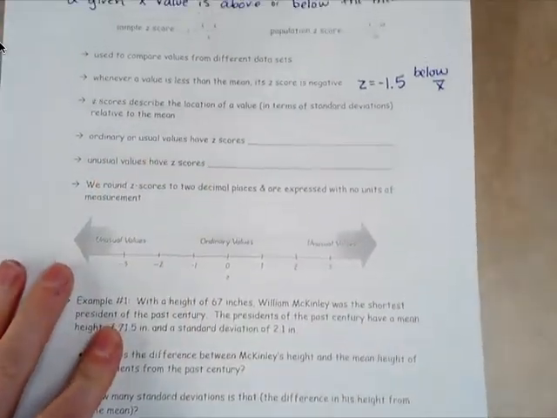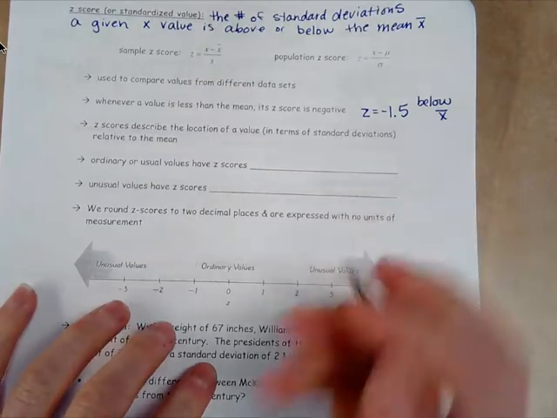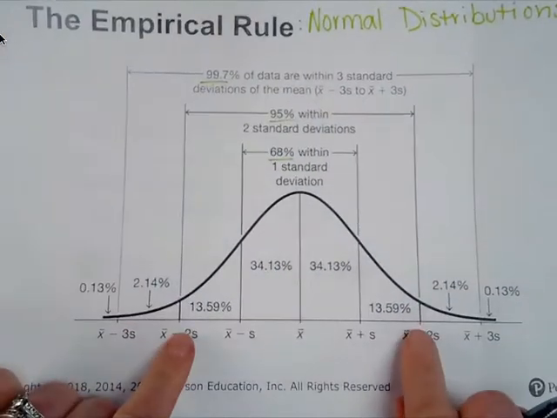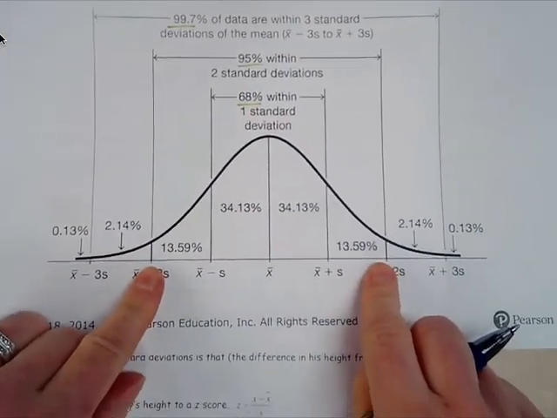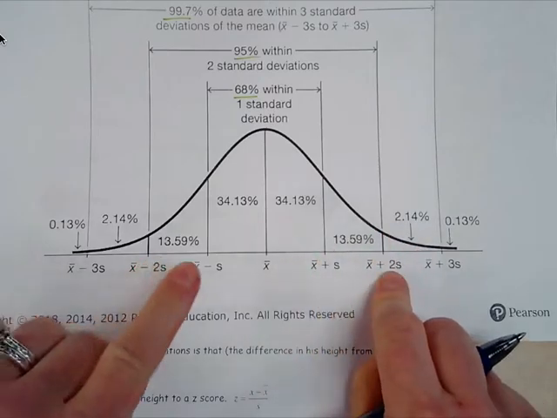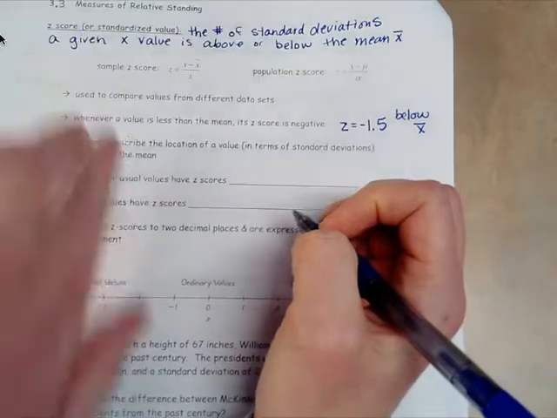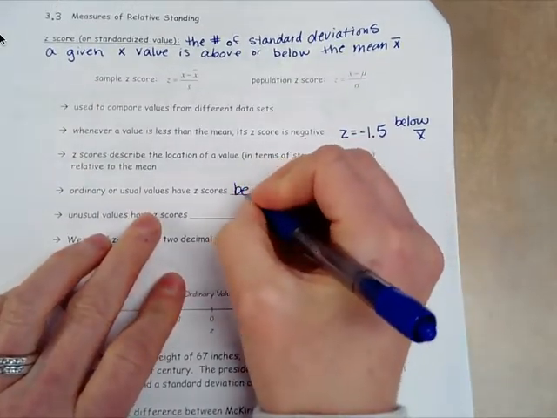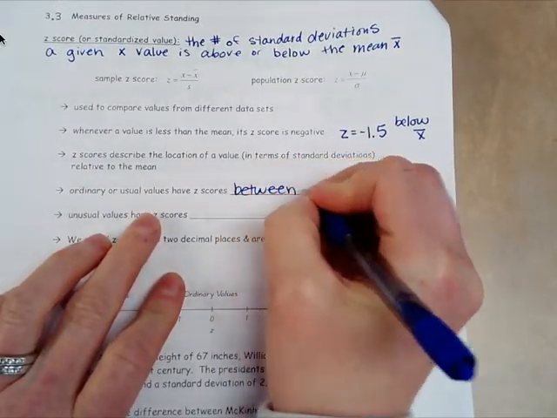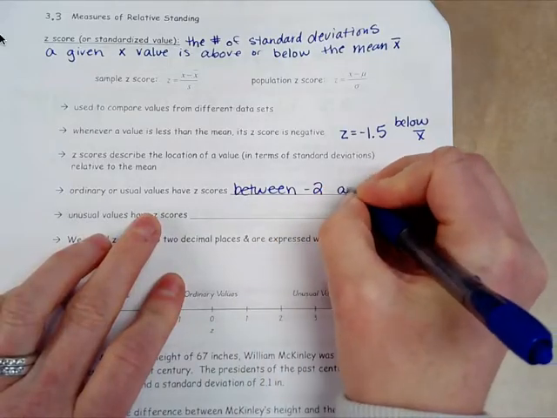So ordinary or usual values, remember, that's our 95%, are between 2 standard deviations above and 2 standard deviations below. So ordinary or usual values have z-scores between negative 2 and 2.